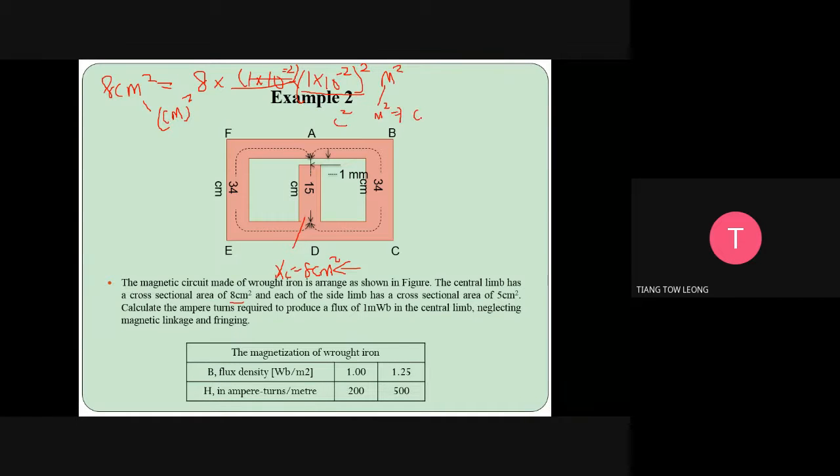But we write as cm squared. But when we want to take it out, meter squared, we need to do this. So it becomes 8 times 10 to the power minus 2 squared. Okay? Then meter squared. So it becomes 8 times 10 to the power minus 4 meter squared. Can understand?